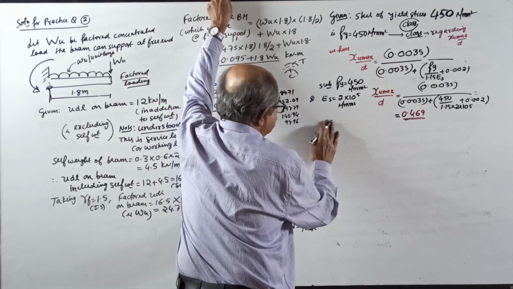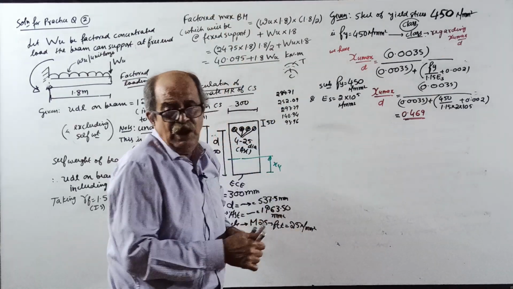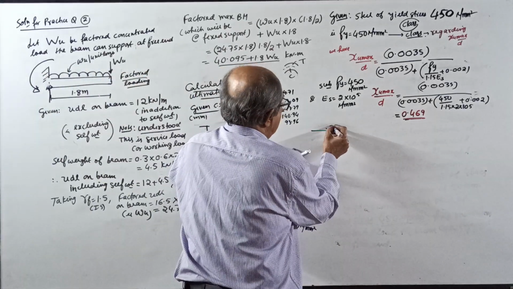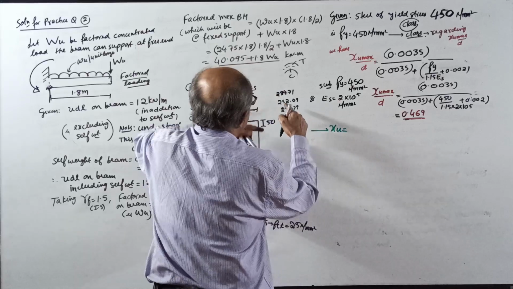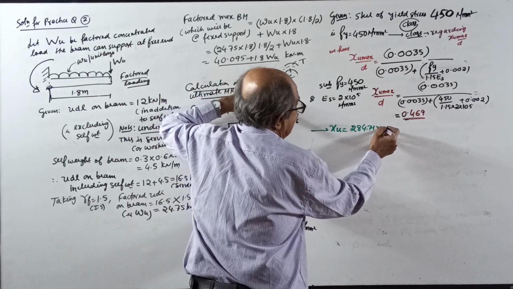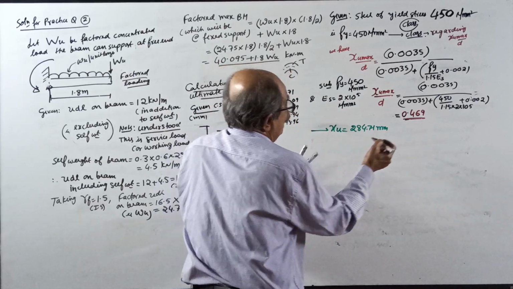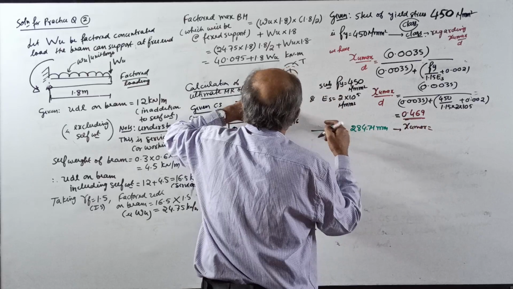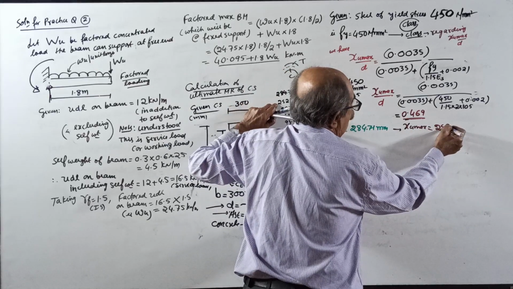First I will put Xu using green color. Okay, solve. Your Xu will come 284.71 millimeter. Then you calculate Xu max. It will come 252.09.